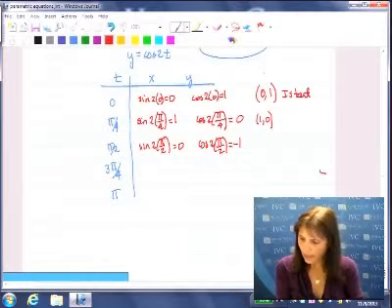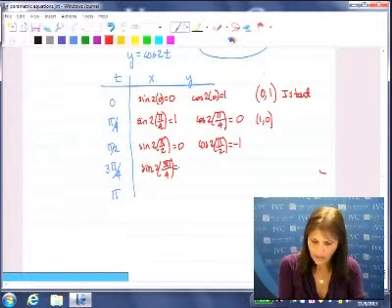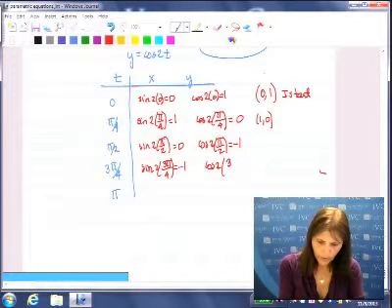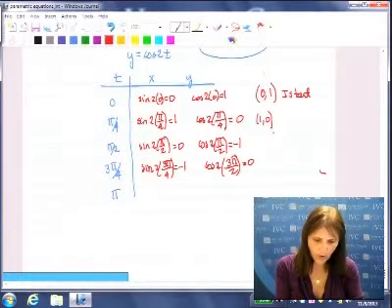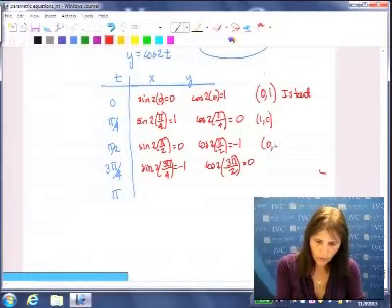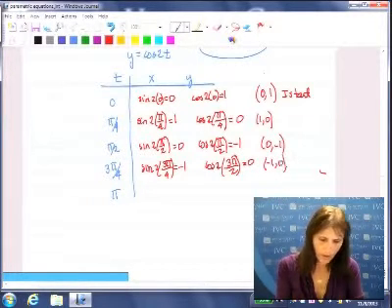And then I have 3 pi over 4, so sine of 3 pi over 2 is negative 1. Cosine of 3 pi over 2, that is 0. So I go 1, 0, and then I'm going to go to 0, negative 1. And then the last one, I'm going to go negative 1, 0.